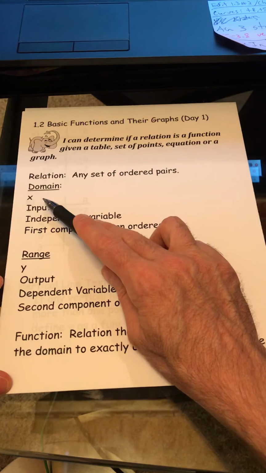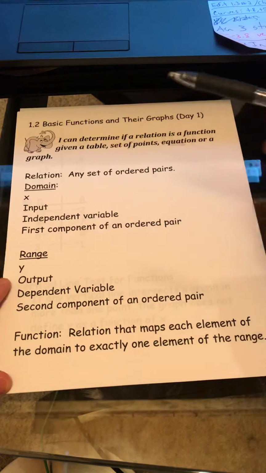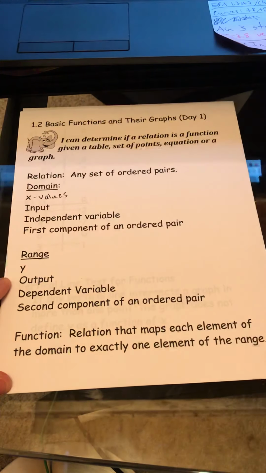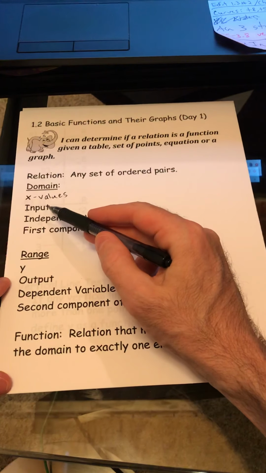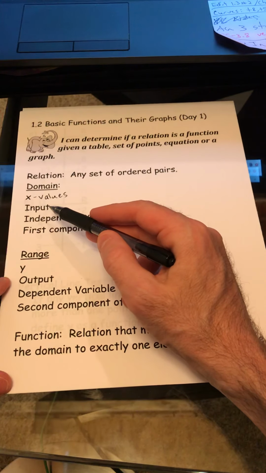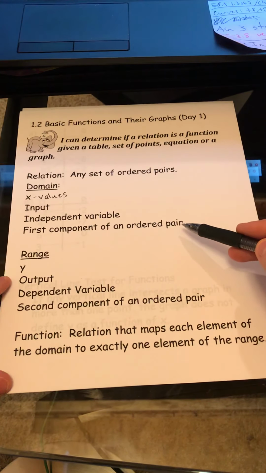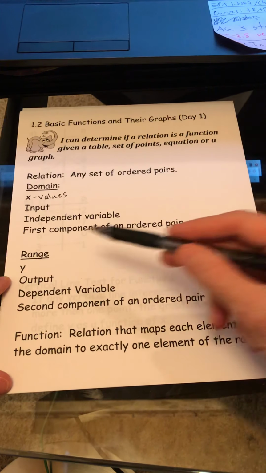Domain is all of the x values. You may see or hear domain referred to as the inputs of a function. It's always the independent variable or the first component of an ordered pair.